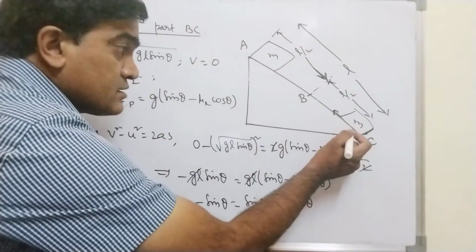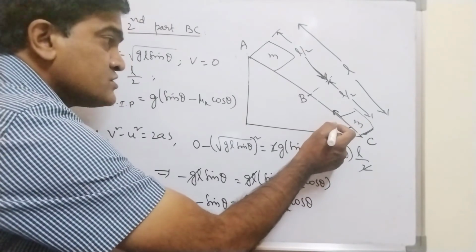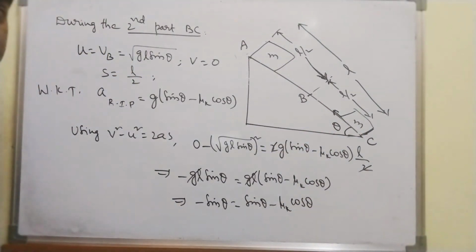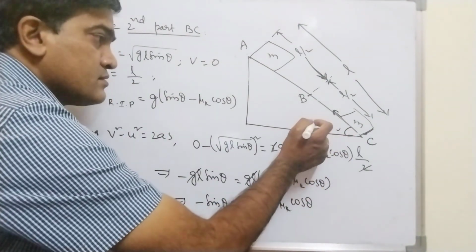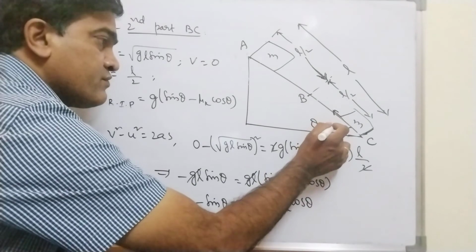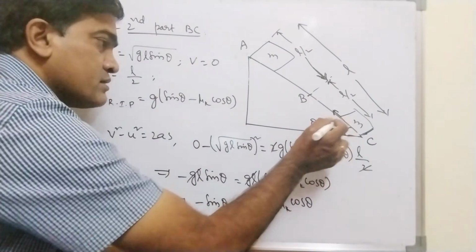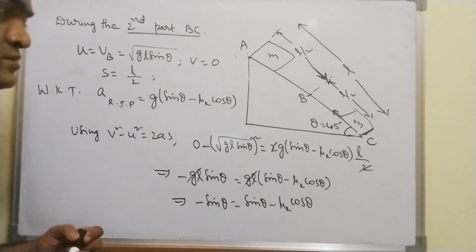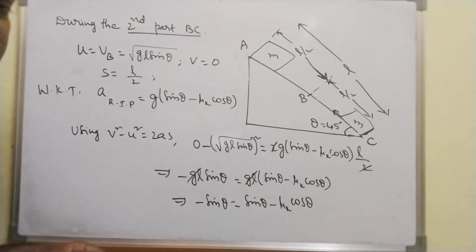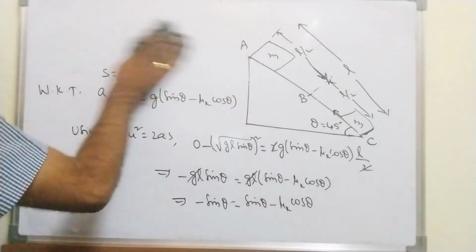And here the angle of inclination, I did not mention theta. Let us take the value of theta as 45 degrees. You can take any angle, but remember the general formula. Right? I want the value of mu, is it not?